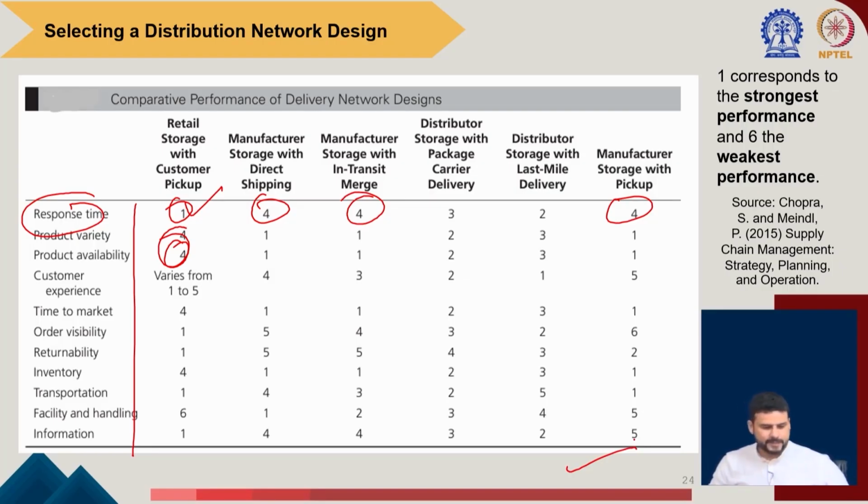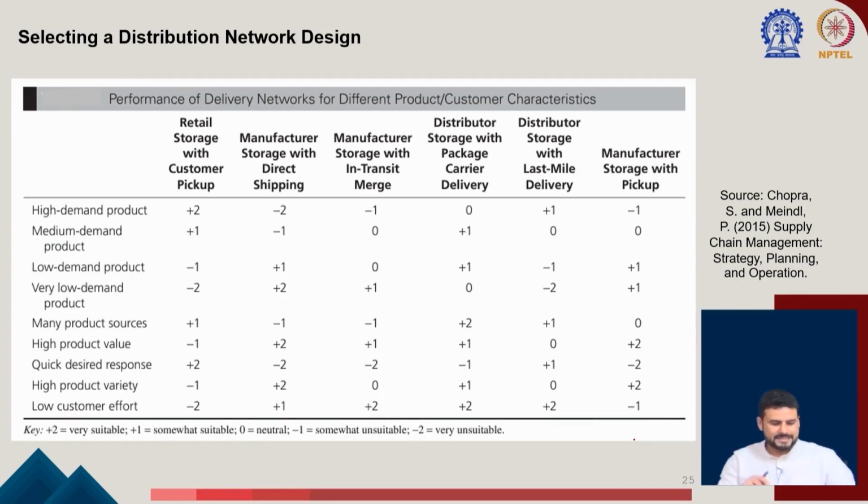So, Chopra and Meindl. Another thing is, depending upon the product, if it is a high demand product, which type of location should you pick? The preferred location is retail shop with customer pickup. If it is high demand, you can store high inventory, because you know that anyhow you will consume that inventory.